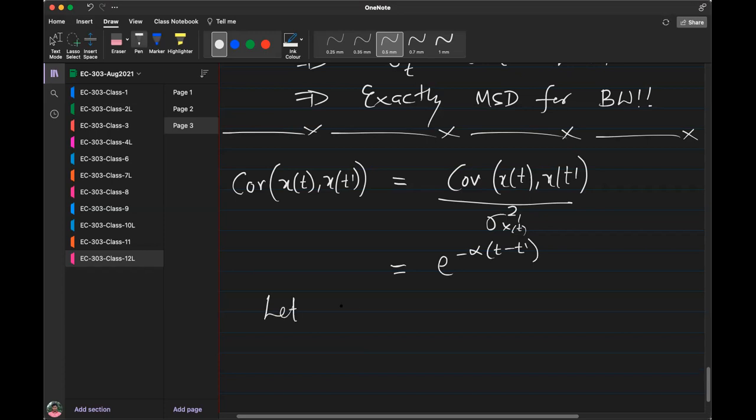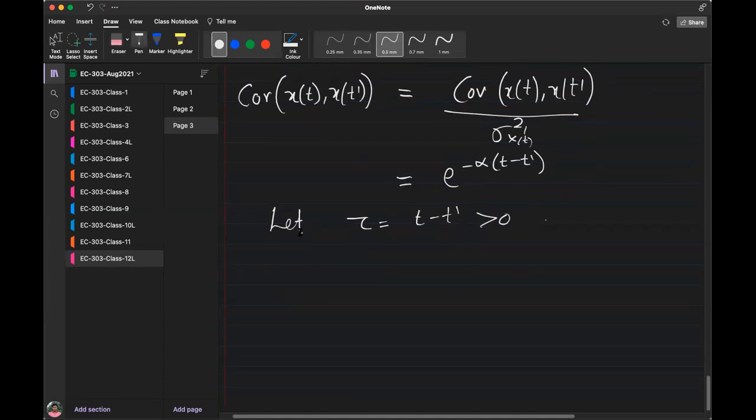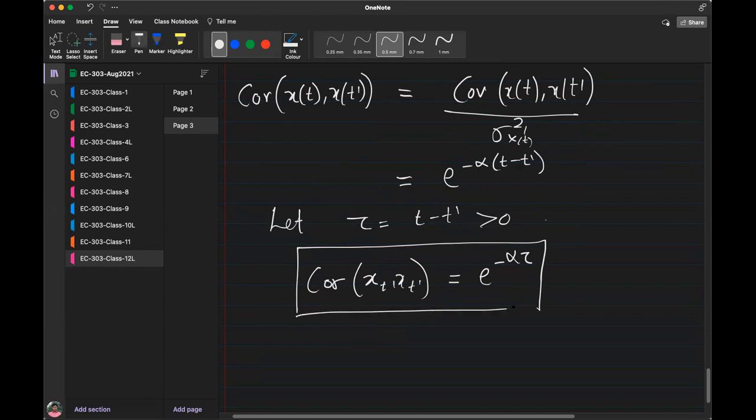Let tau be the lag, t minus t prime, which is greater than 0, so t is greater than t prime. What this tells us is the correlation of the variables xt and xt prime, separated by a lag tau, is basically this. What does this mean? Correlation decays exponentially.